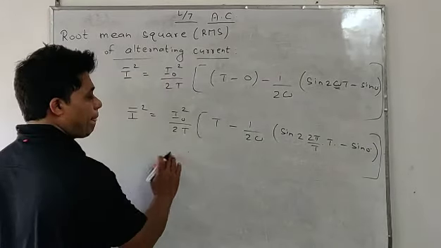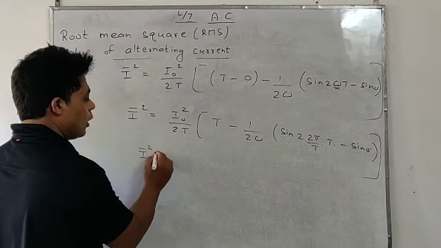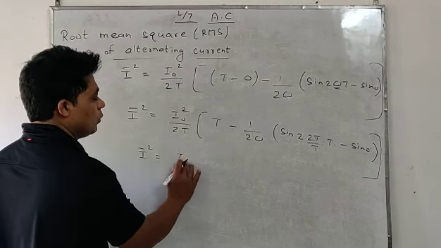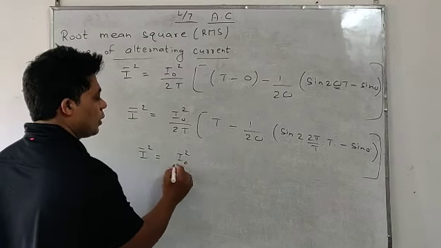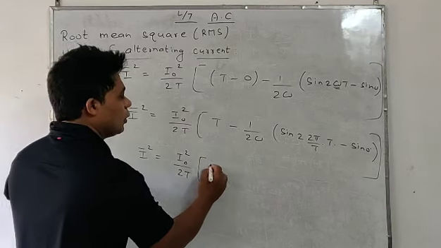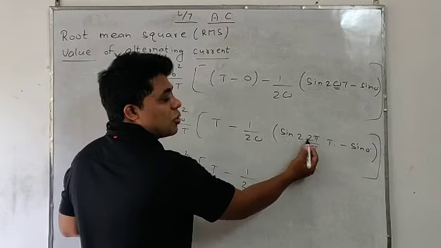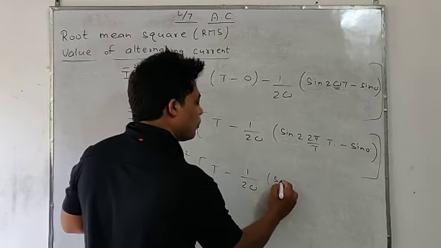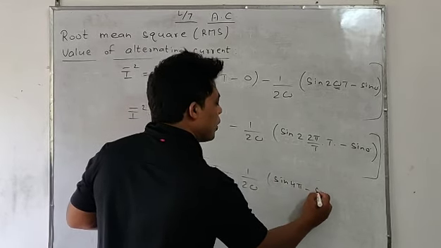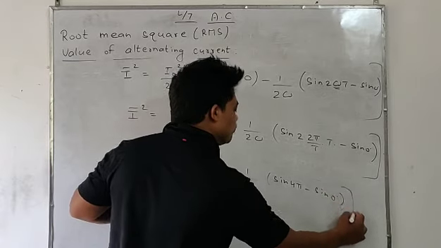Now students, I bar square equals I naught square by 2T, T, 1 upon 2 omega, T and T cancel out, sin 4 pi minus sin 0.